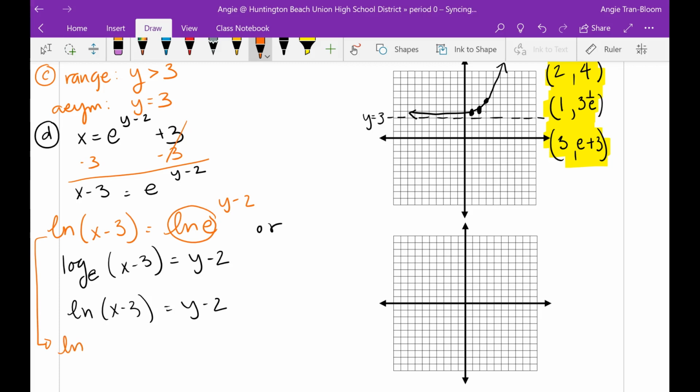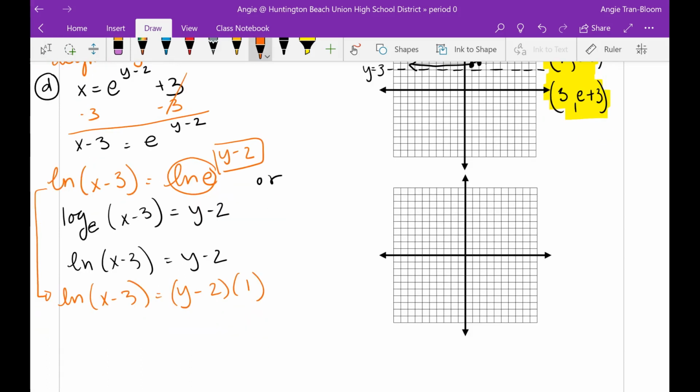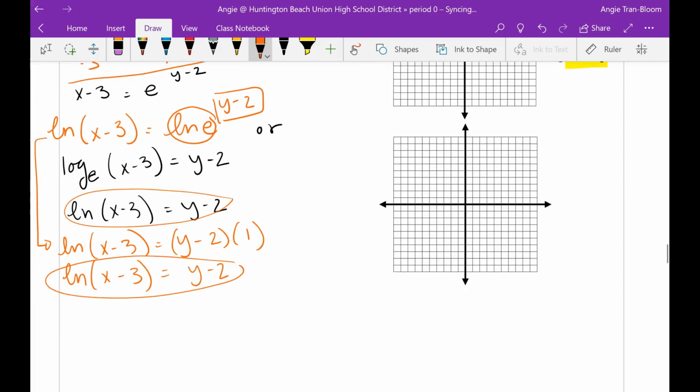So in theory, I'm going to copy this down, and this is an exponent, and in a log, the exponent becomes a multiplication of 1. So as you can see, whether you write it as a log straight up, or you take the natural log of both sides, both forms will give you the same result here.